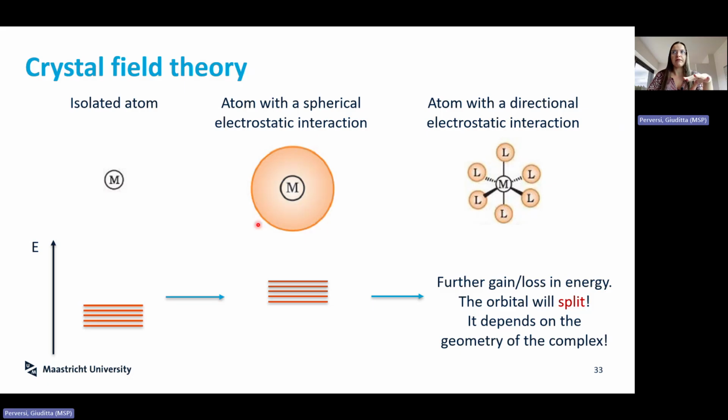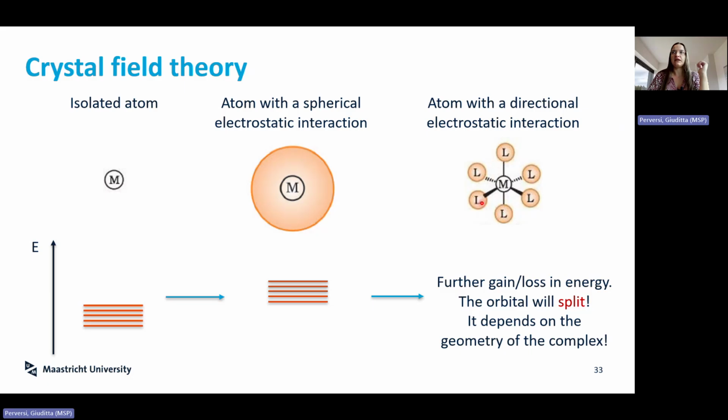If these orbitals were placed in a spherical field of electrostatic potential, so all of them are affected equally, the set will rise all together because the interaction is equivalent.